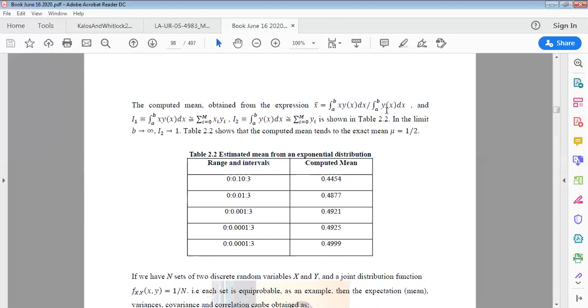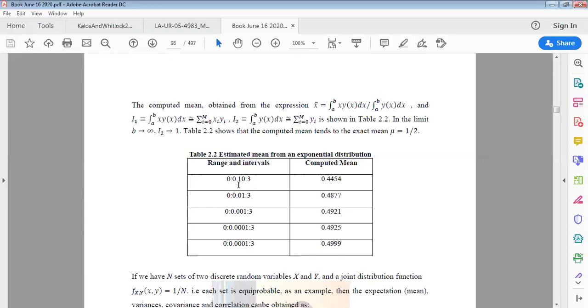So if a is 0 and b is infinity, then this becomes 1. But any other integral you can calculate like this. And so what I did was, for a pretty big interval between 0 and 3 with a step of 0.1, I got not such a good answer. The computed mean comes out to be 0.4454.